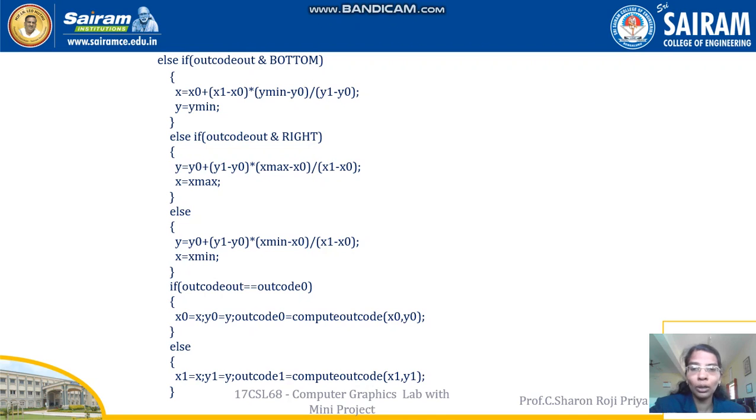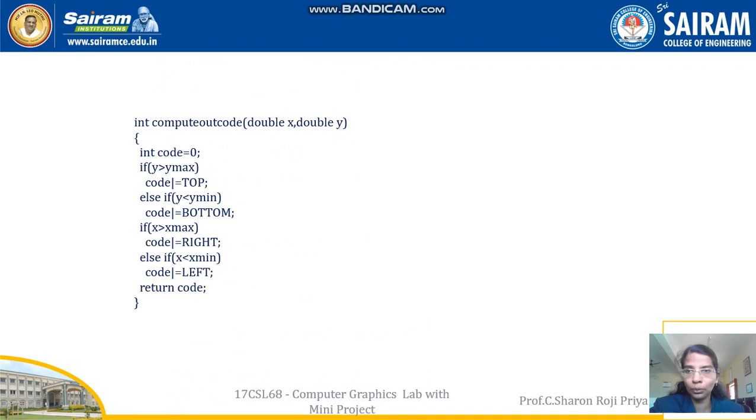Right. Now while calling this compute outcode, where is compute outcode? Here it is. Right. So in compute outcode, again I have to check this point. What is the region code of this intersecting point?